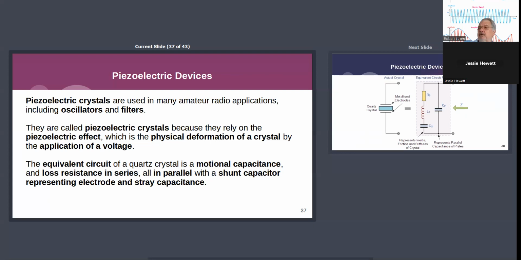It becomes a resonant circuit, and it's very narrow band, which is why it's used as reference oscillators and in crystal filters. You can put a bunch of them together, call it a crystal lattice, and get a very nicely shaped passband.